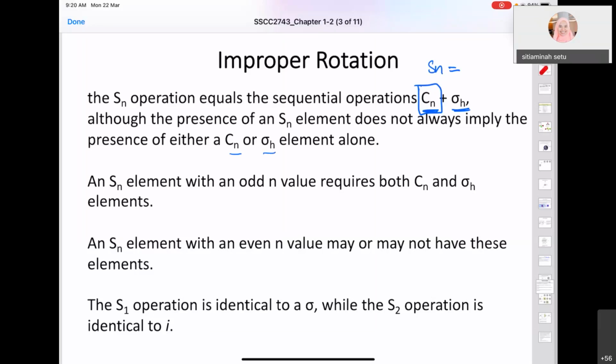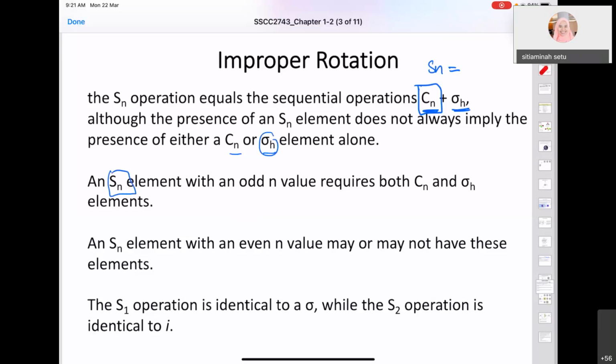Maksud dia kat sini, improper rotation adalah combination of rotation and reflection. Tetapi tak semestinya molekul tu mesti ada rotation itself dan reflection sigma h itself.